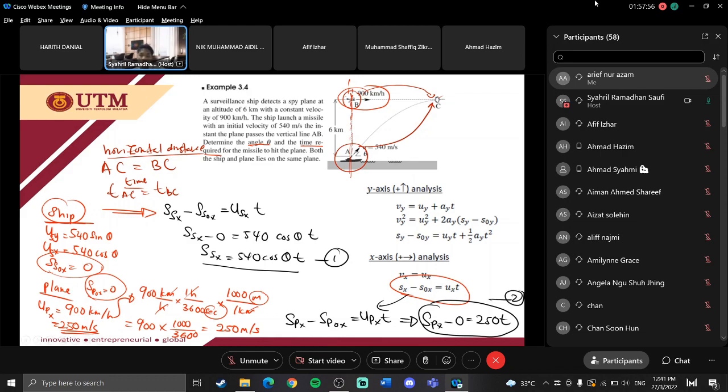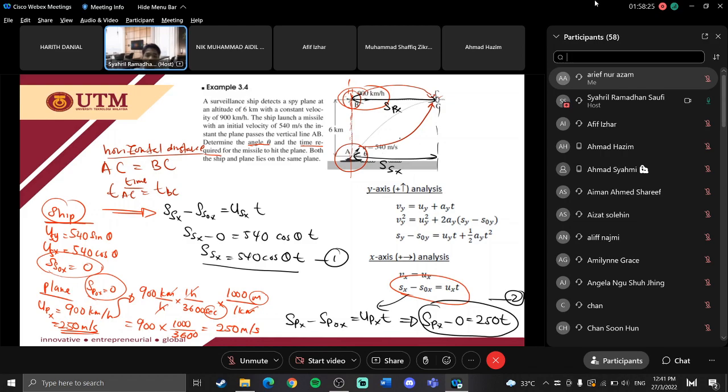So the horizontal distance from A to C is Ssx, and from B to C is SPx.